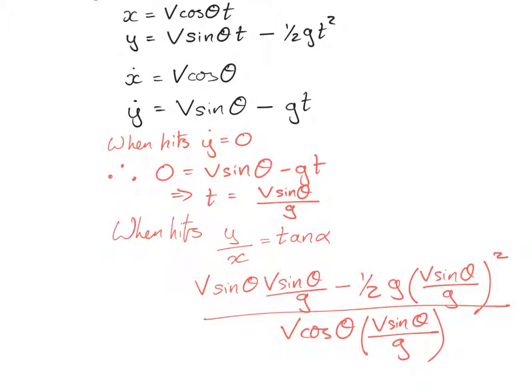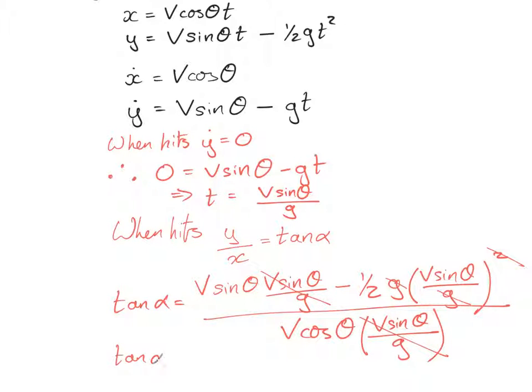So we've got v sine theta over g on the top and bottom, and one of those v sine theta over g's cancels. And that g goes with that g, and this is what tan alpha equals.